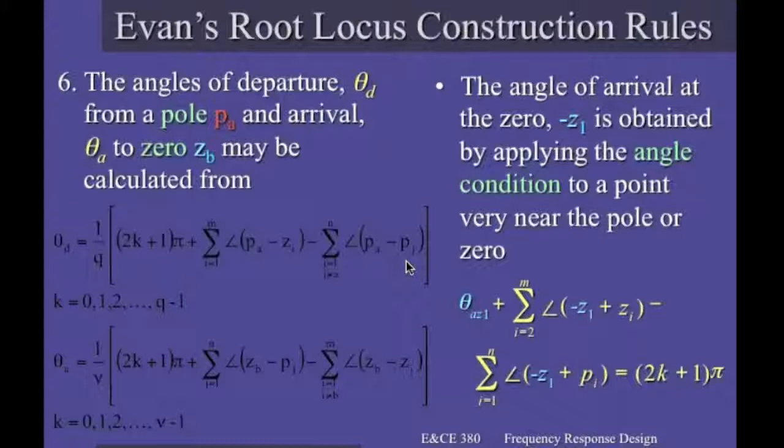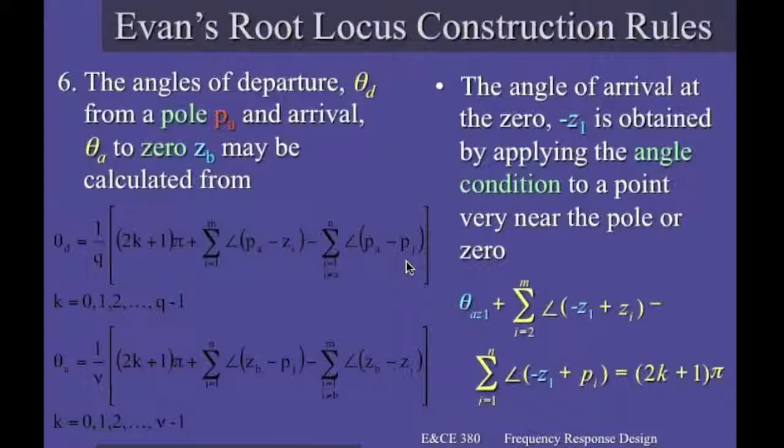So there are many crosses overlapped on the same point, and the multiplicity is Q. So the formula is parametric in K, because if this is a multiple pole, according to Evans rule number 5, Q trajectories have to leave from this pole. A multiple pole is giving rise to multiple trajectories, as many as the pole multiplicity. And so the angle would be different.